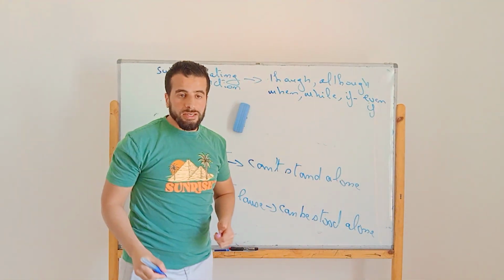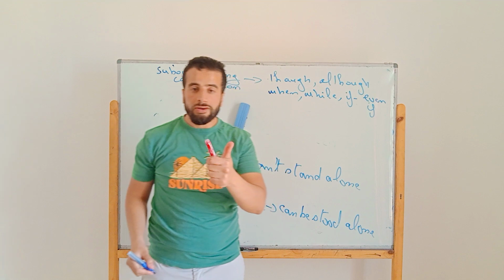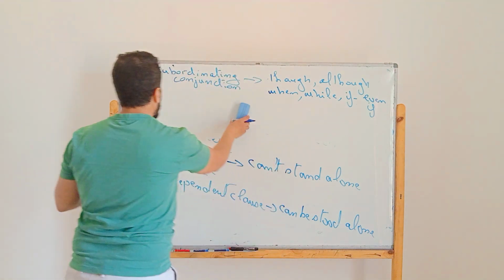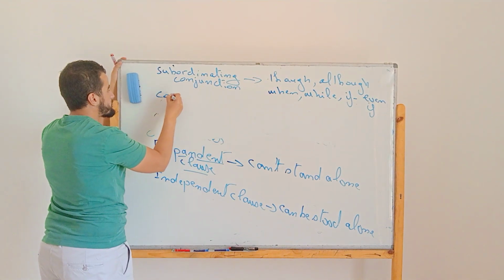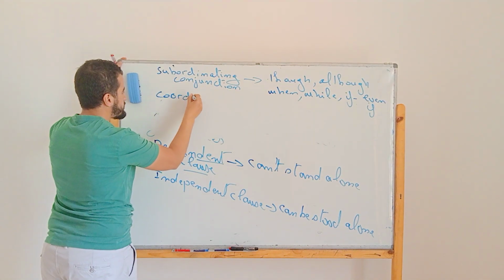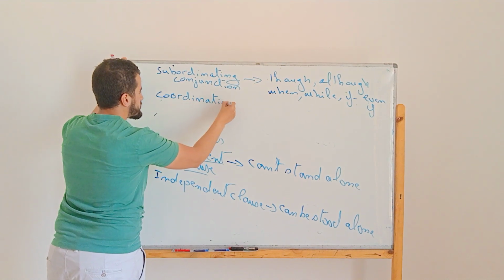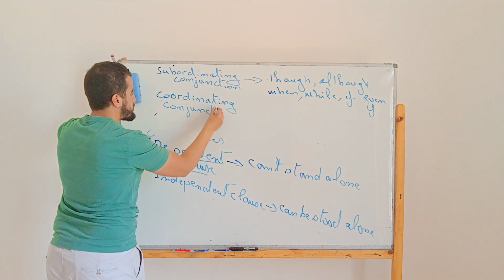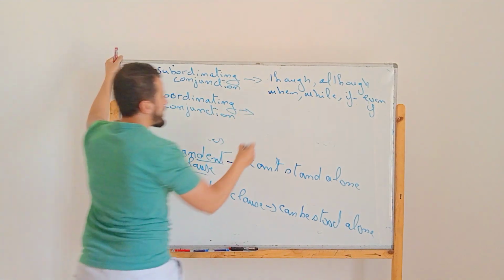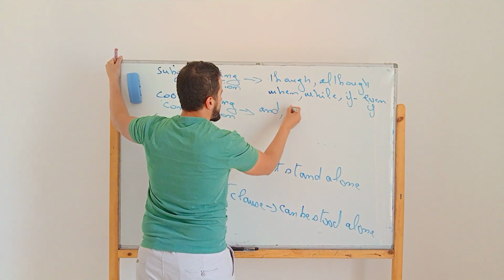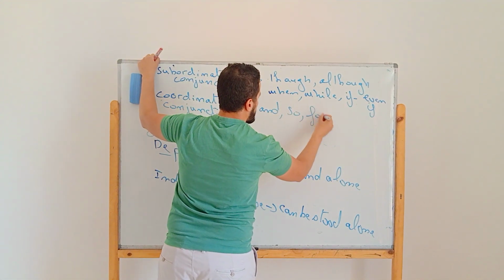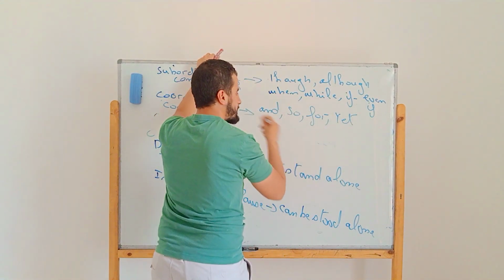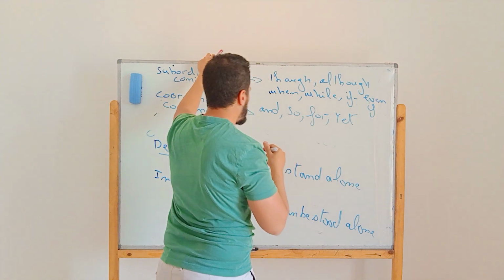Coordinated conjunction is very easy. We have for and but, so and yet. So coordinated conjunctions: we have and, so, for, and yet, and but.